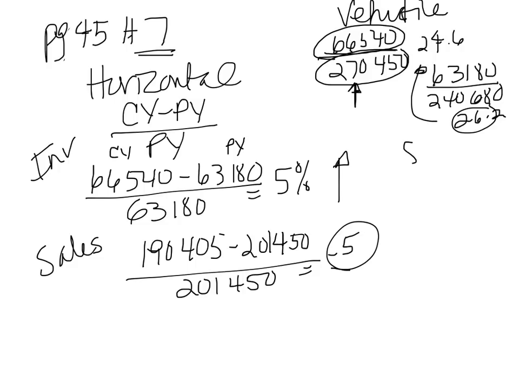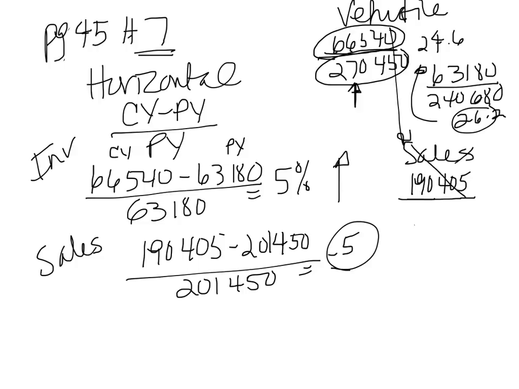If we were going to do the sales vertical, we would take 190,405 divided by the total sales, which in this case would be 100%.